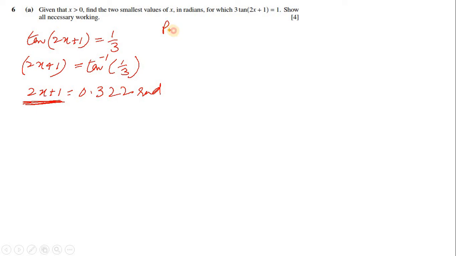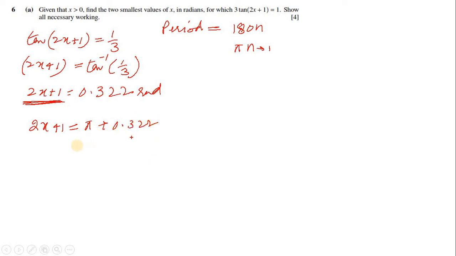The period of the tangent function is 180 times n, or pi n. n is the number of rotations: 1, 2, 3, 4, 5, and so on. So the first value of 2x plus 1 is, if you put n equal to 1, pi plus 0.322.